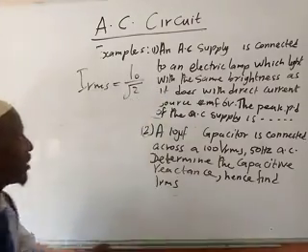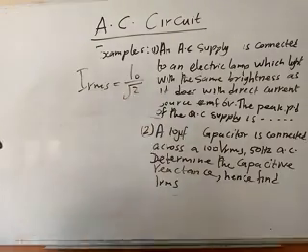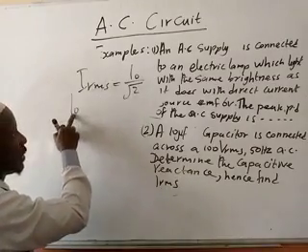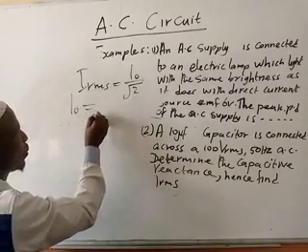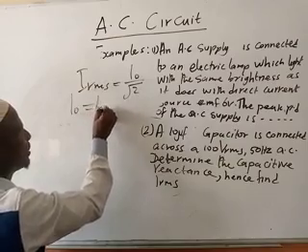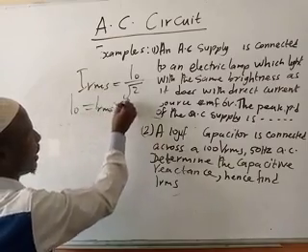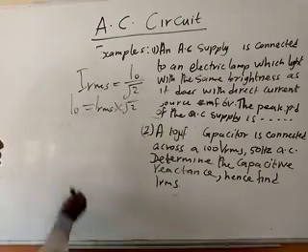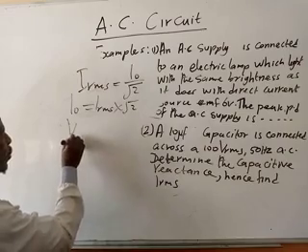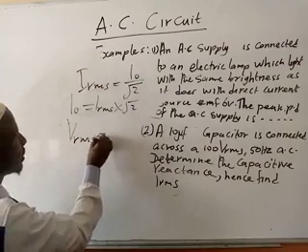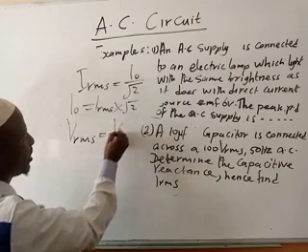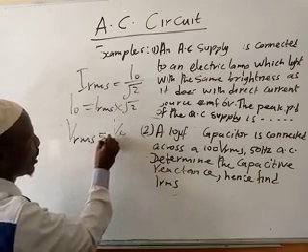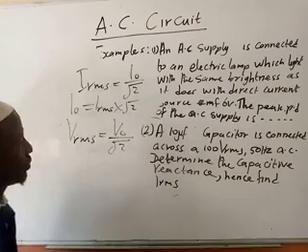Therefore, I naught, that is the peak current, is equal to I root mean square multiplied by root 2. The same thing is applicable to voltage. V root mean square is equal to V naught over square root of 2.